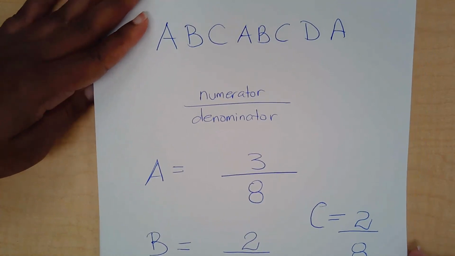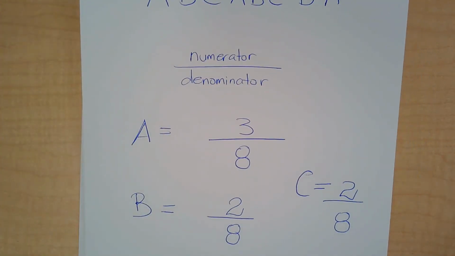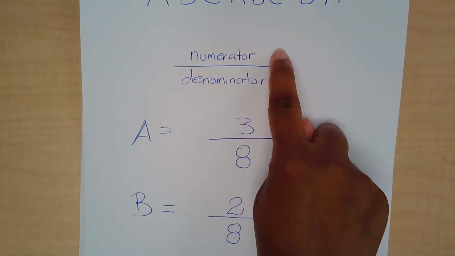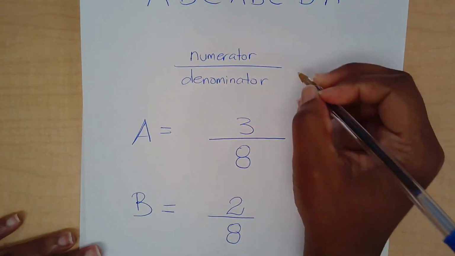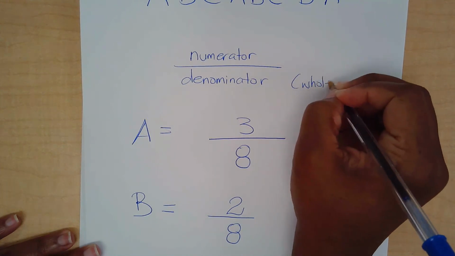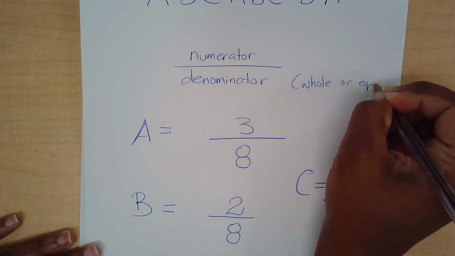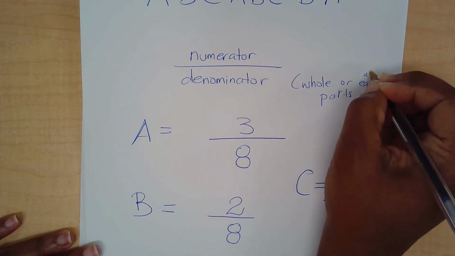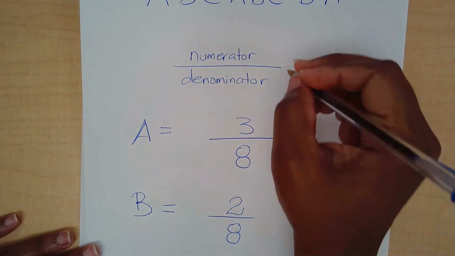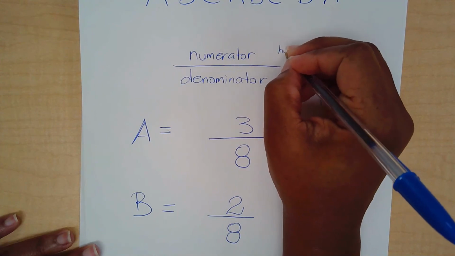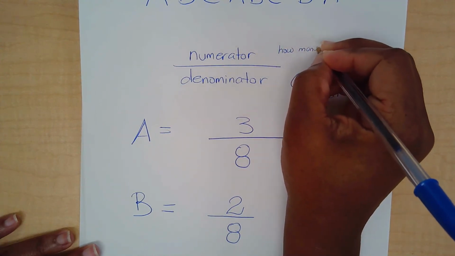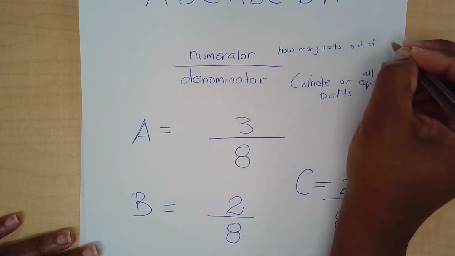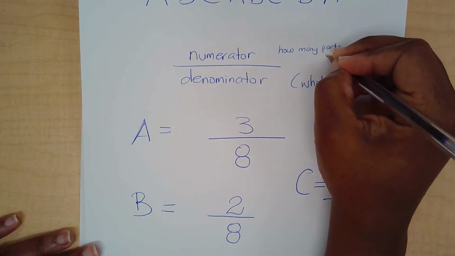Talking about fractions, 2 things you need to get from this lesson is that a fraction has 2 numbers. It has a numerator and a denominator. The denominator is the whole or equal parts. All equal parts. And the numerator is how many parts out of the whole.